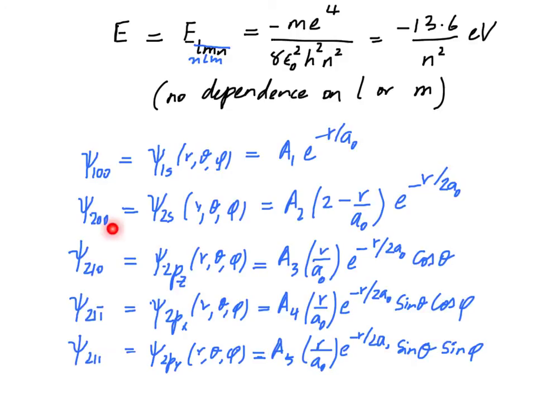The value of 0 corresponds to this quantity over here, and the value of l equals 1 corresponds to all of these. When l equals 1, note that m can take on values of -1, 0, and +1. So those are the 3 indicated over here. This bar 1 is really a -1. So those are the 3 functions corresponding to n equals 2 and l equals 1.